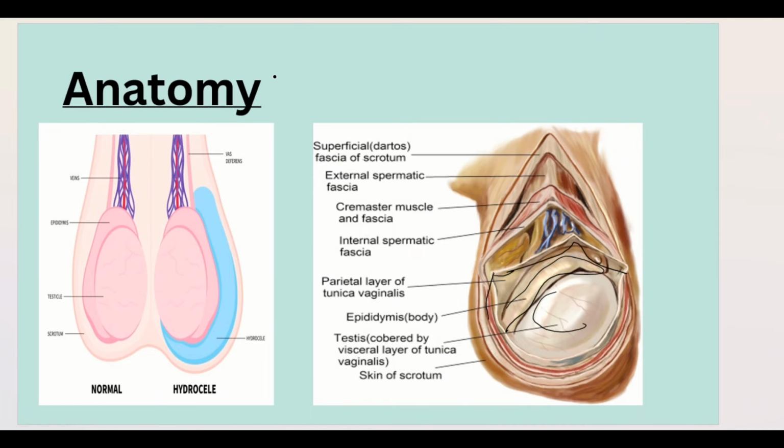First, from the outside in, we can see skin, then superficial dartos fascia of the scrotum, then we have external spermatic fascia, next is cremaster muscle and fascia, next we have internal spermatic fascia, and then comes the tunica vaginalis. So first we have the parietal layer of tunica vaginalis, then this is the epididymis and the testis covered by visceral layer of tunica vaginalis.